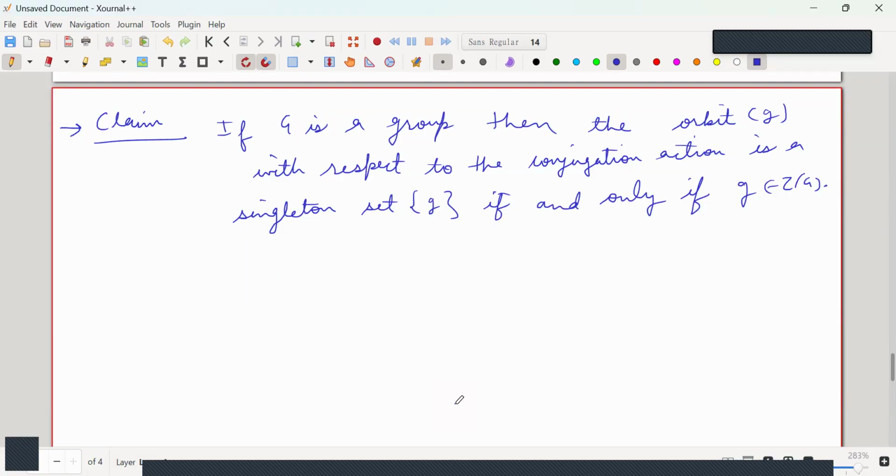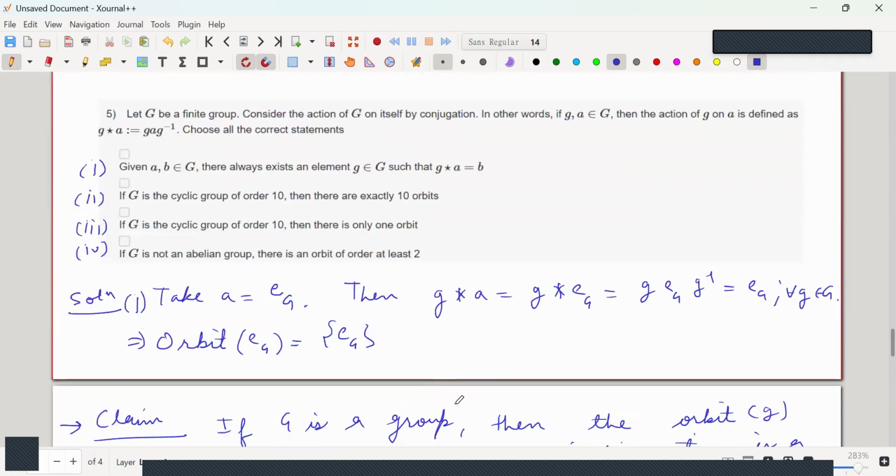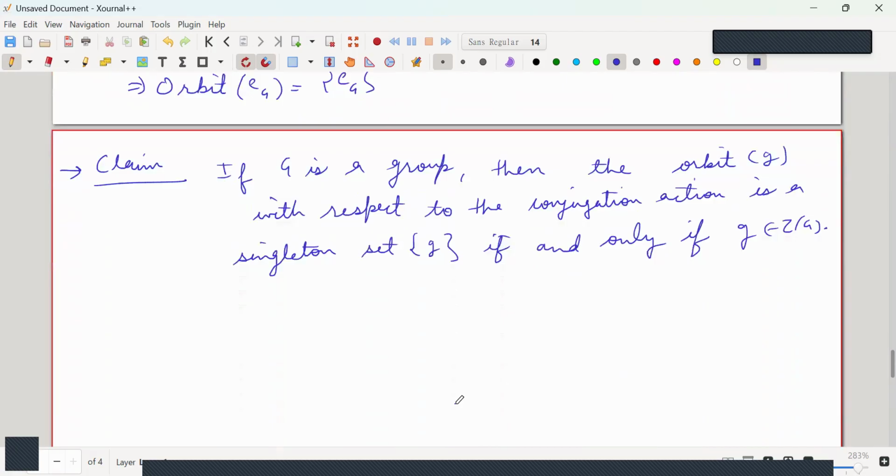So first understand the statement. If G is a group, then the orbit of a with respect to the conjugation action means the collection of all elements of the form g a g inverse, where g is the acting element.